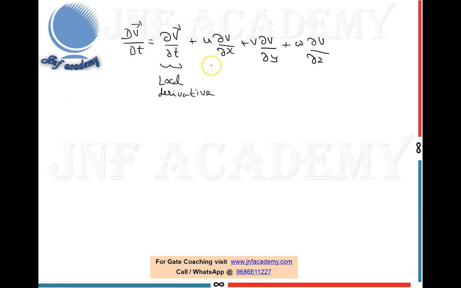Whereas this part is called the convective derivative. I told you, right, fluid has the property to convect along with the solid object. So this is called the convective derivative, which is nothing but the change that is happening because of the spatial difference.